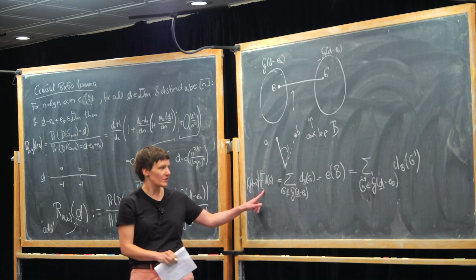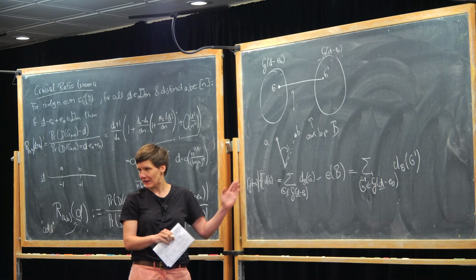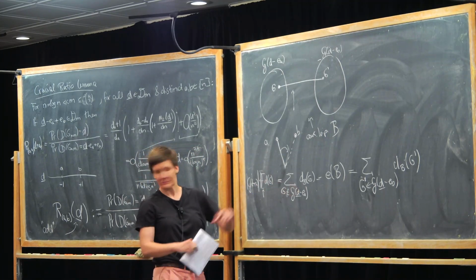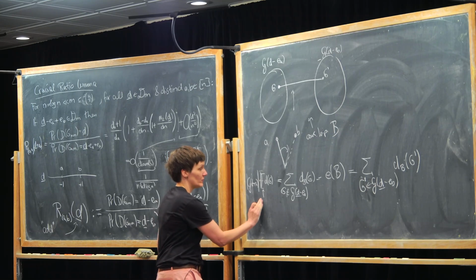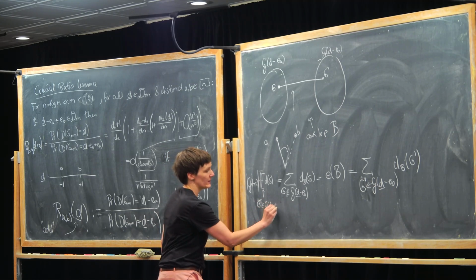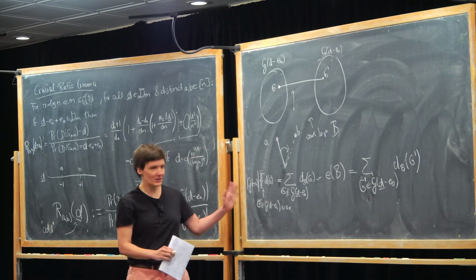And this expectation is, I think, what Sarah also uses, just a normalized counting measure. So this is just 1 over this sum. So pick G in G of D minus EA uniformly at random. Yeah, I mean, it's just an identity.